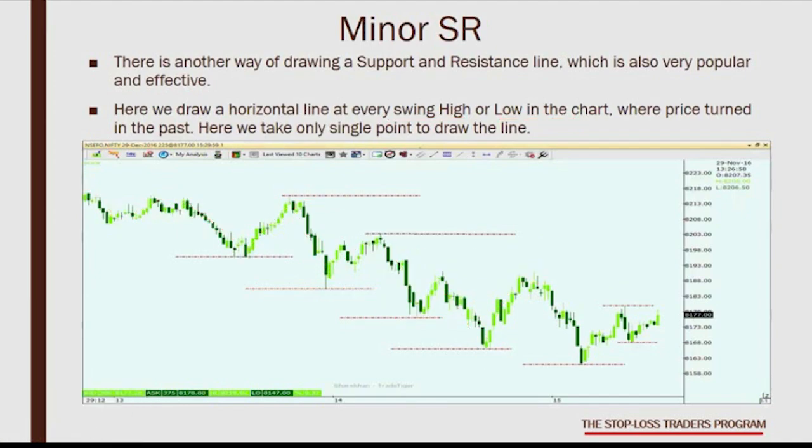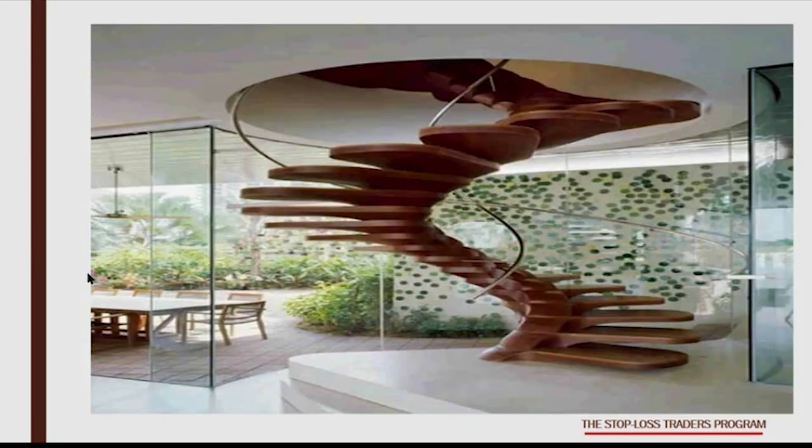Hemant has a question. For becoming a major SR, we need 2 points. Yes, major. The difference between a major and a minor SR is that in a major SR, price can bounce a couple of times. In a minor SR, price generally bounces once and then it gets broken, right? So here also you see that there is a resistance being created, and only once price visited that resistance and fell down.